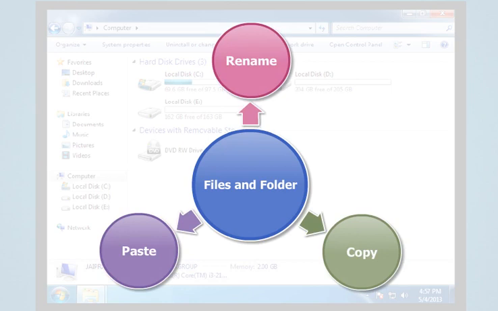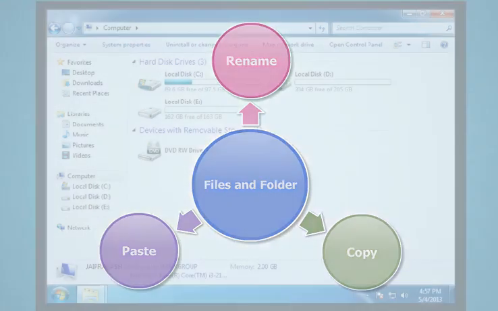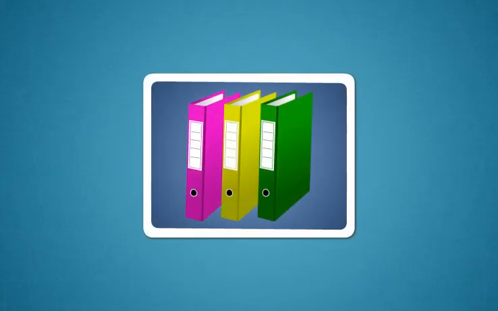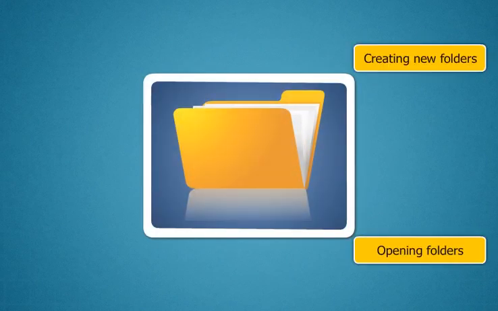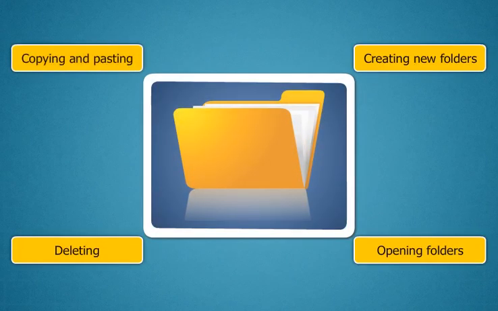We can also delete a file or folder if we don't require it. If we manage our files and folders well, it saves us a lot of time and helps us work more efficiently. To manage files and folders, we need to be able to work with files and folders.